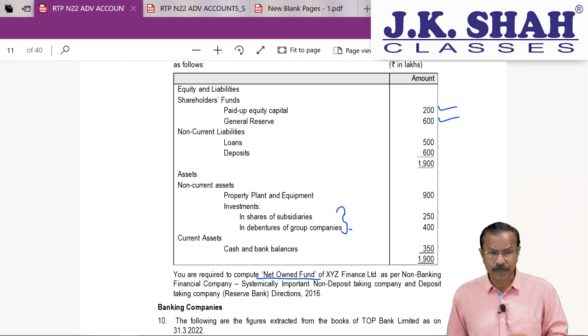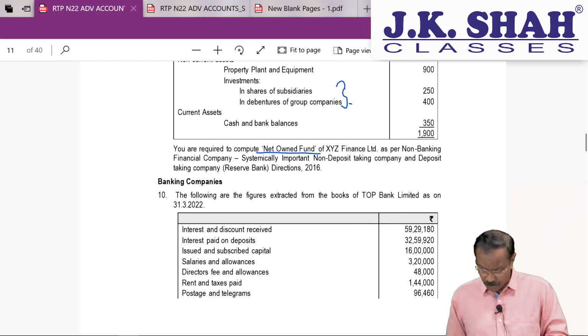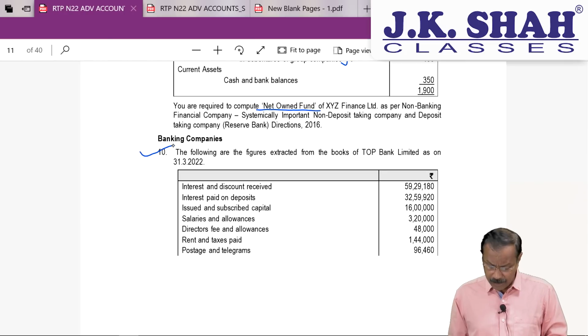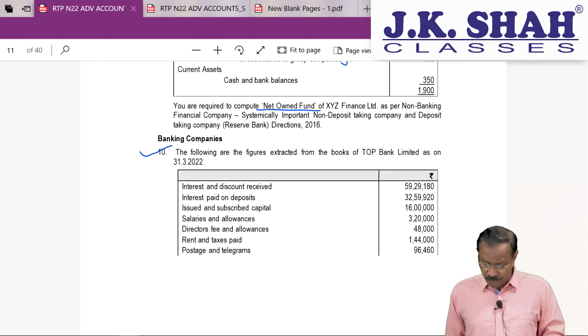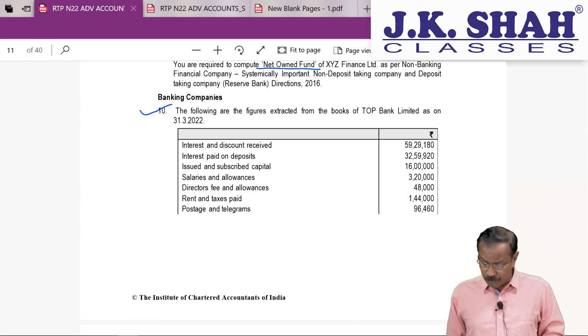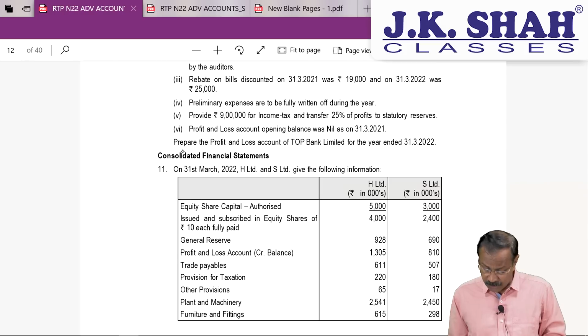Very small chapter, NBFC. Now comes banking company. The following figures are extracted from the books of Top Bank Limited as on 31st March 22. Interest and discount received. First of all, what have they asked us to prepare is a P&L account.